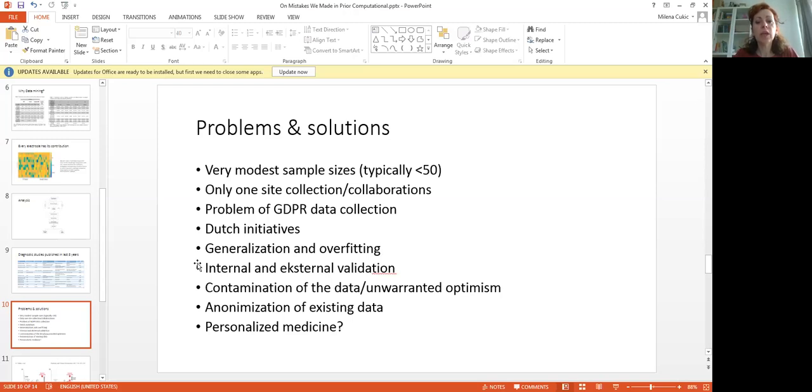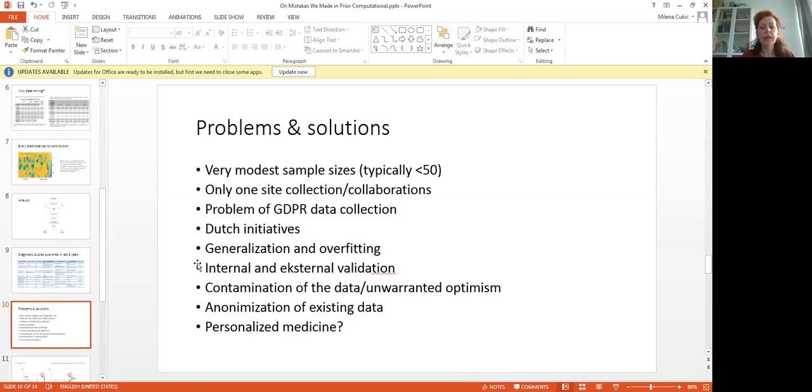So Dutch initiatives are exemplary. For example, Amsterdam Centrum anonymized and digitalized a big number of their data, so they're accessible for collaboration.